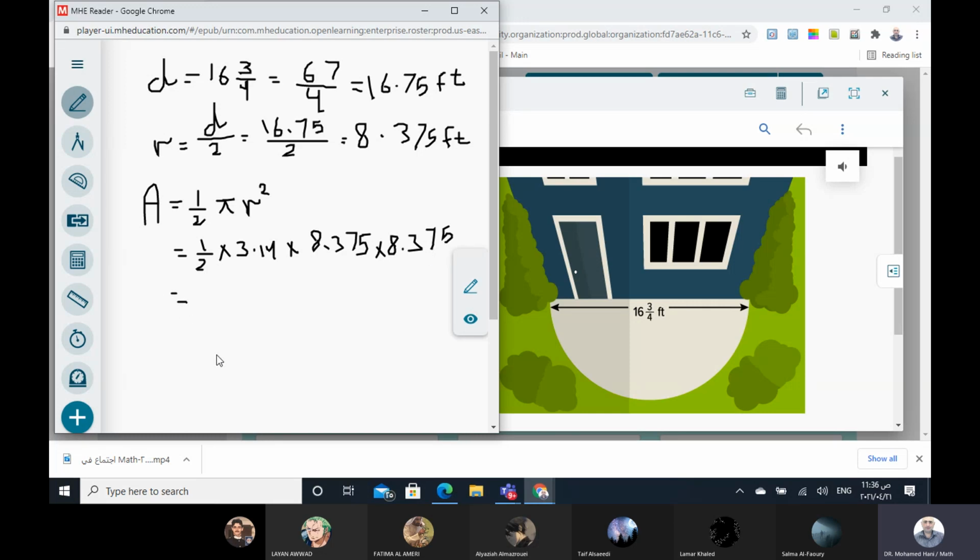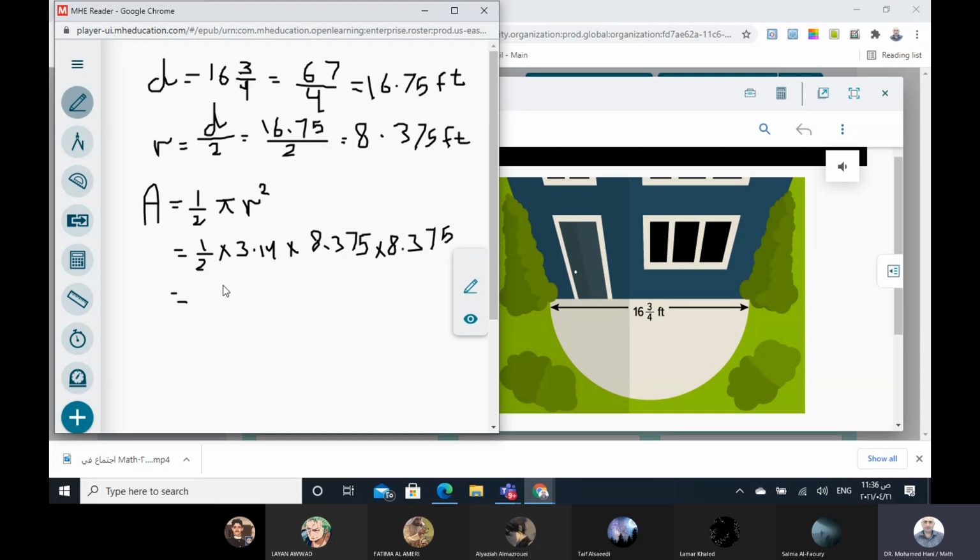So now we want to calculate. We have 3.14 times 8.375 times 8.375.